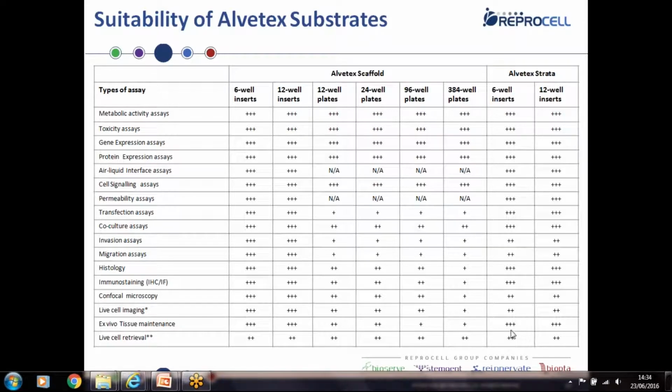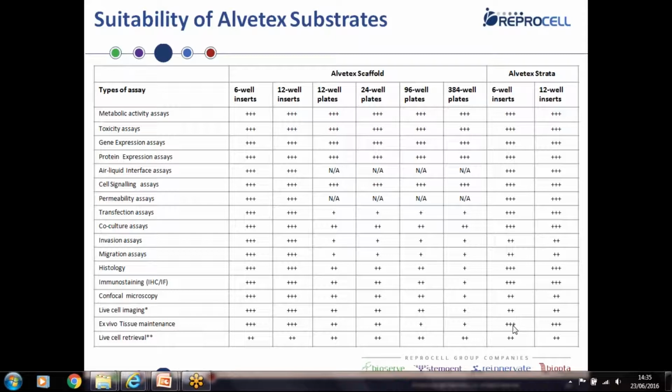If you want to do ex vivo tissue maintenance, this is where you are explanting a piece of tissue and you want to leave it to observe it or to test it, but what you're really after is viability.